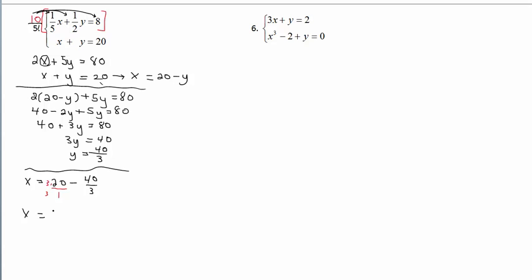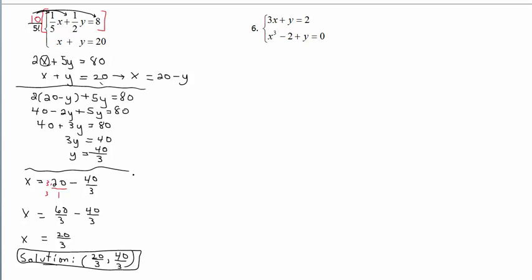So x equals 60/3 minus 40/3, which makes sense. So x is 20/3. Not as bad as what it first might have looked like it was going to be.